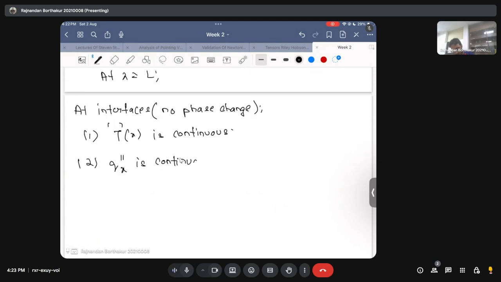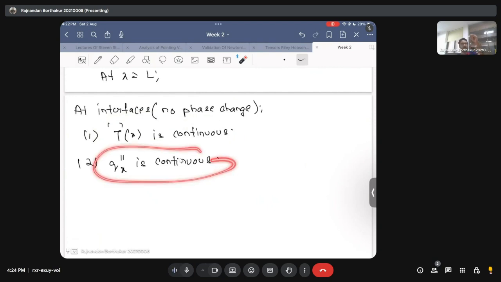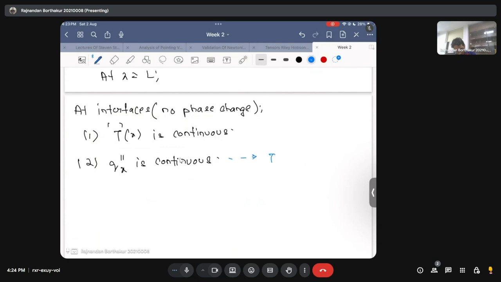This is always the case if there is no phase change. Remember, whenever there is phase change taking place, the first statement will always hold good, but the second statement is not true, as there will be a jump in your heat flux. So this is not true for phase change phenomena.